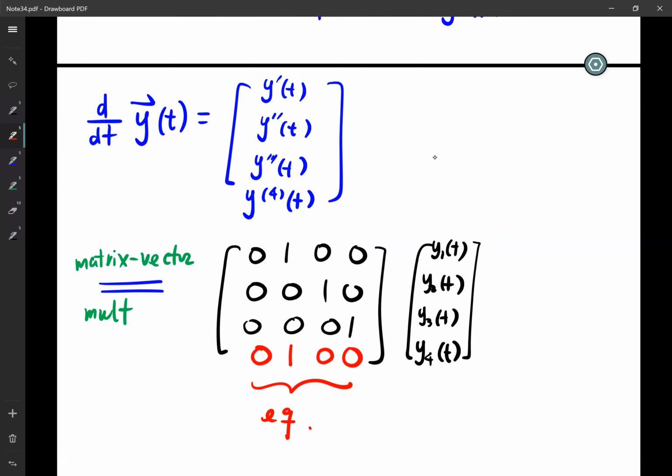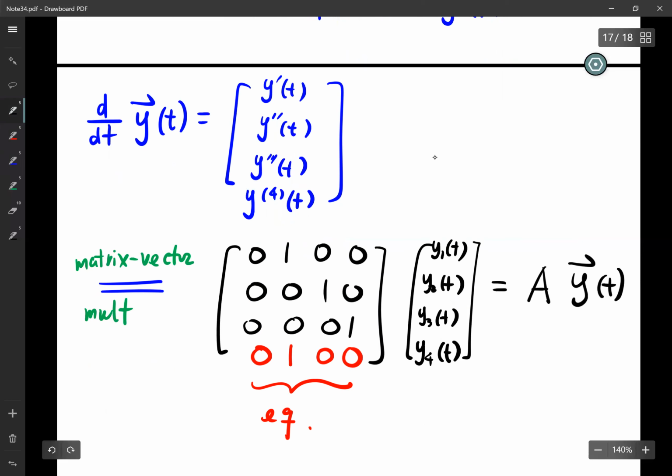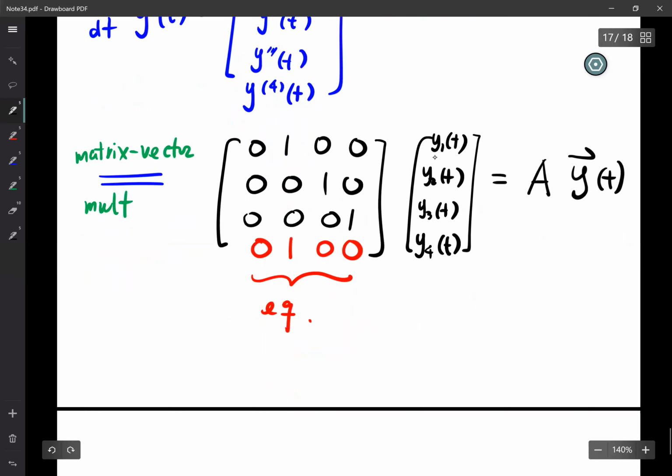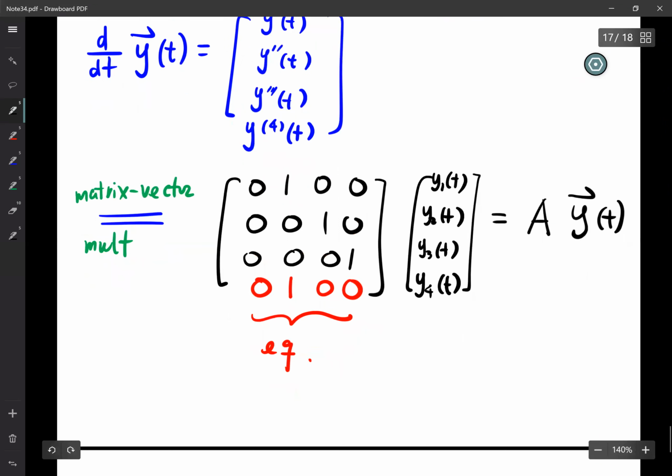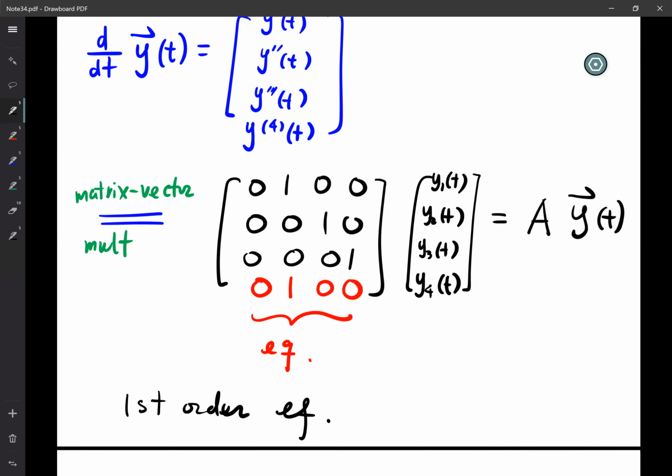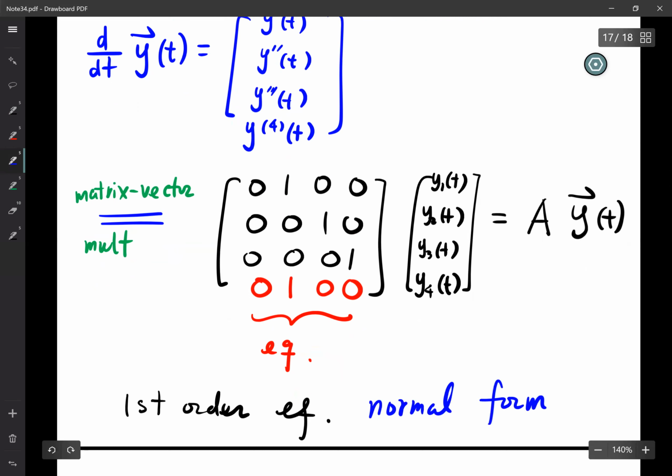This is nothing but a constant matrix A, times y(t). Indeed, we got d/dt of y(t) equals A times y(t). So I've converted it to a first order equation. This is called the normal form of this high order differential equation.